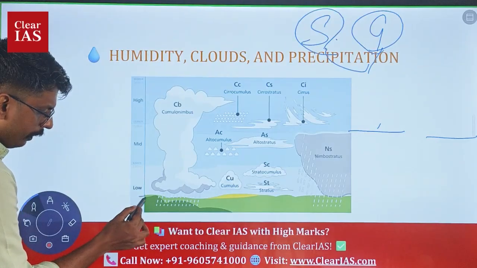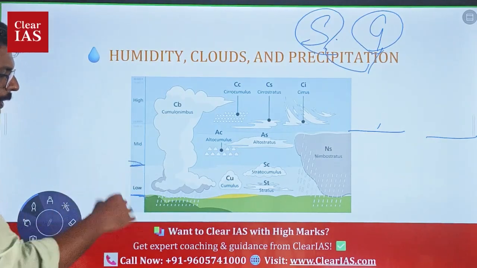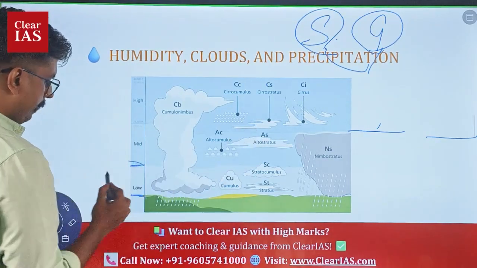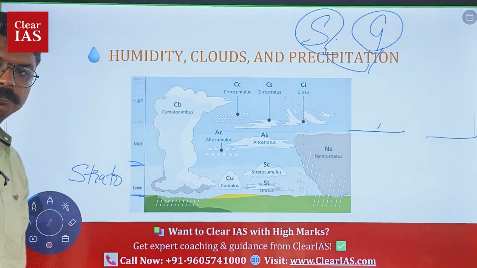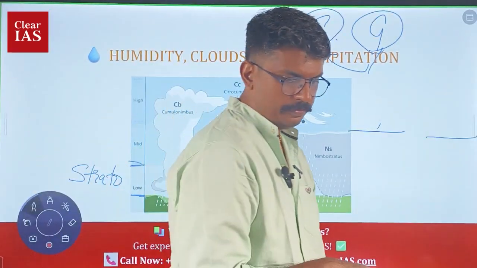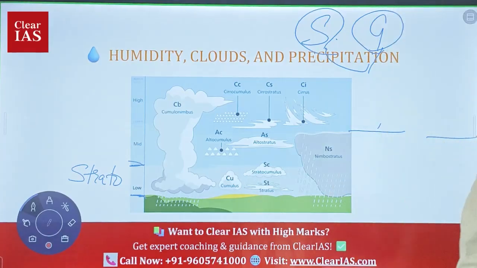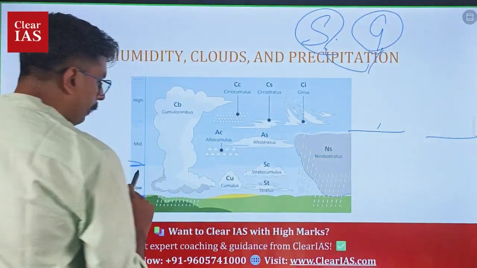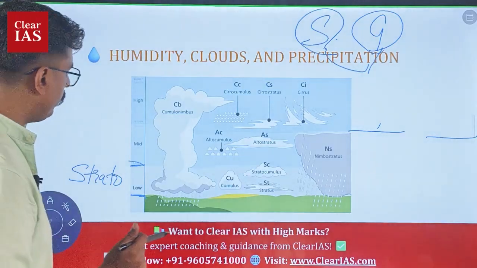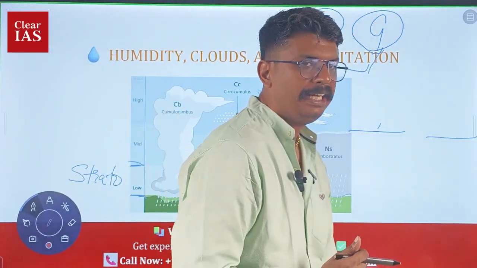If the cloud is from the ground level up to 2 kilometers, the first name would be strato.